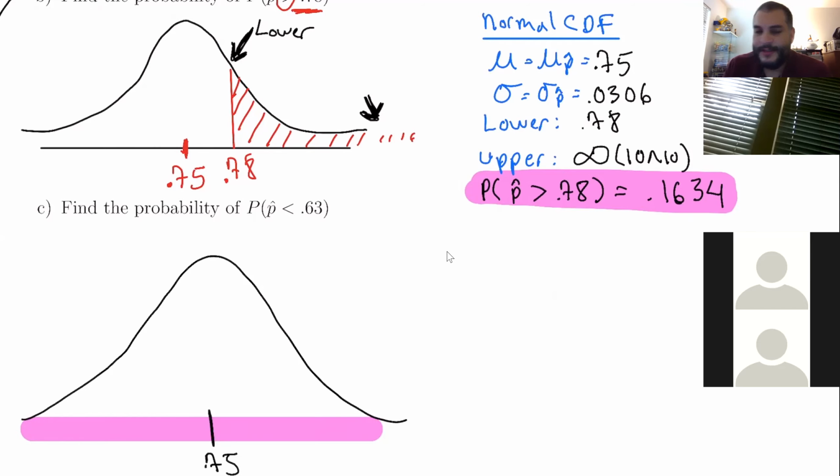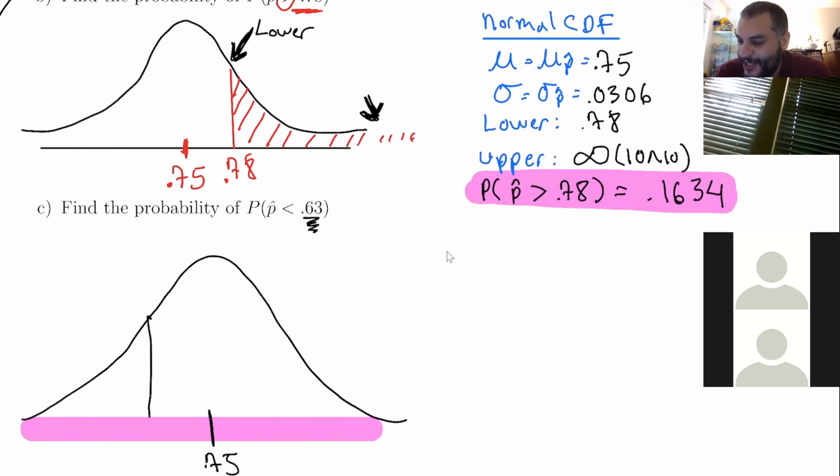0.75. So in this scenario, we want to find what is the likelihood that if we have a sample of 200 people, and the mean is 75%, that we get a proportion of 0.63 or smaller? So let's go ahead and put 0.63.